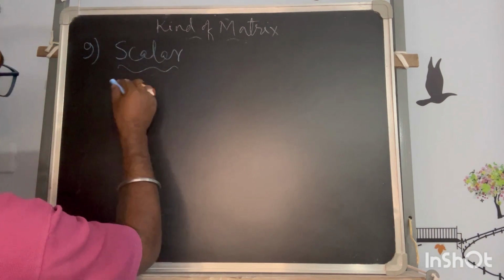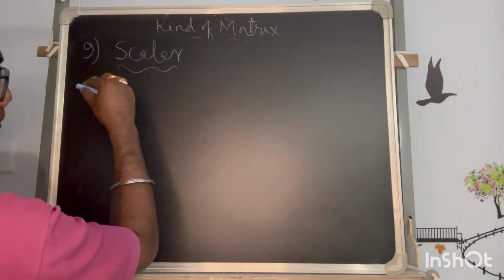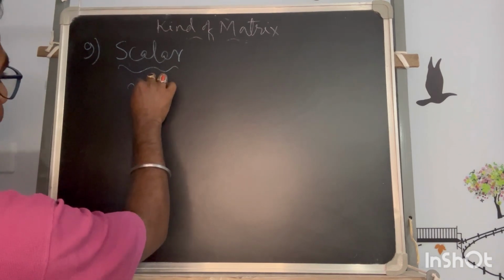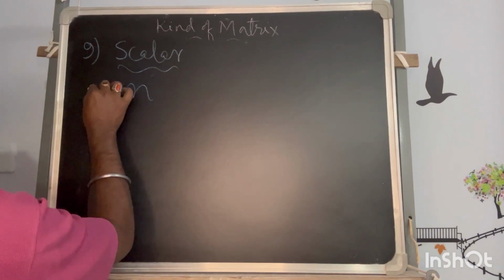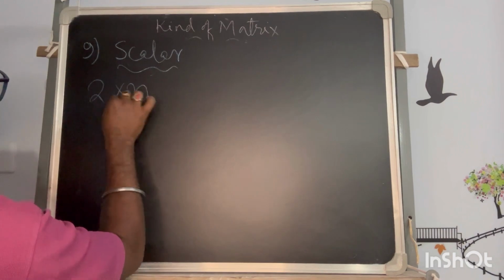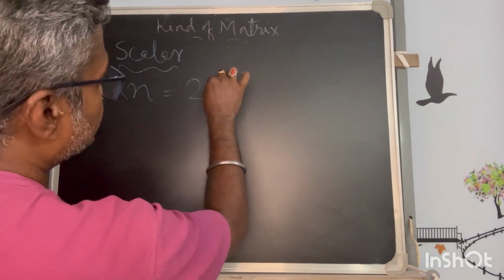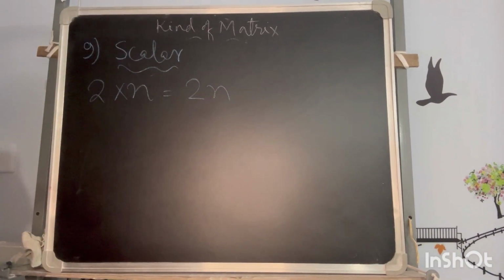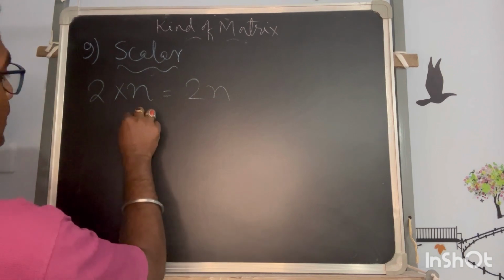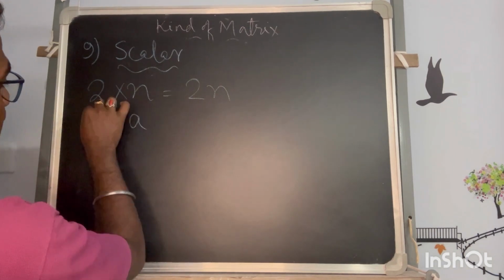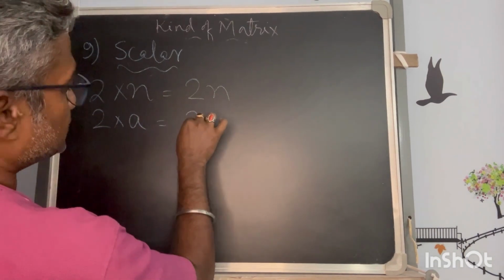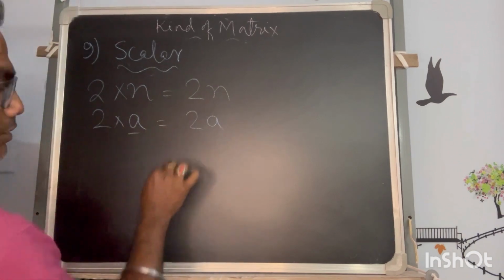In algebra, if I multiply any number with another number, let's say 2, I get twice that number, isn't it? Or if I multiply an alphabet with a constant, I get twice that alphabet.